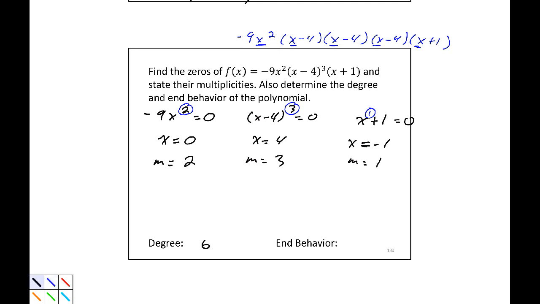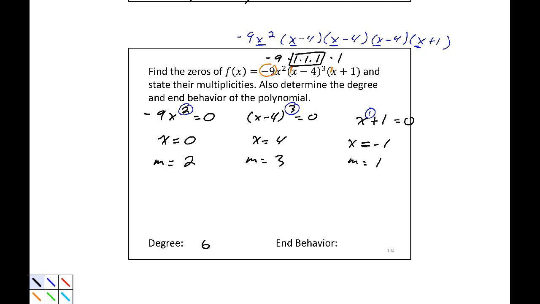Next, we can observe for the end behavior that we have a minus 9, that's a coefficient of x. We have a 1 that's a coefficient of x, and a 1 that's a coefficient of x. So the way we do this is minus 9 times 1 times 1 times 1. That would be for each of the 3 terms there, times 1, and that is minus 9.